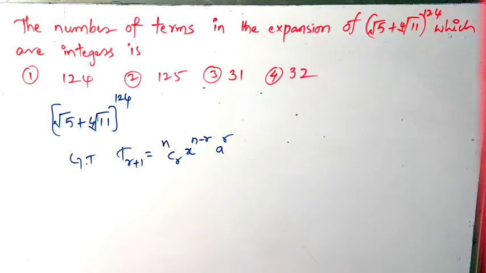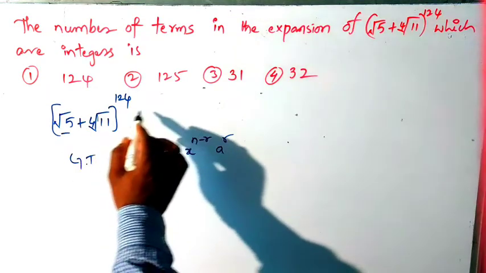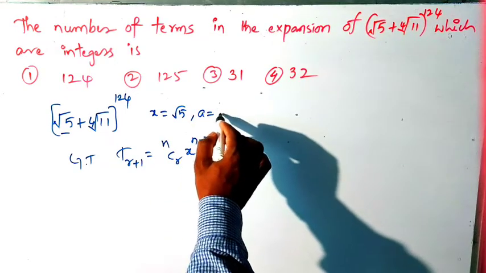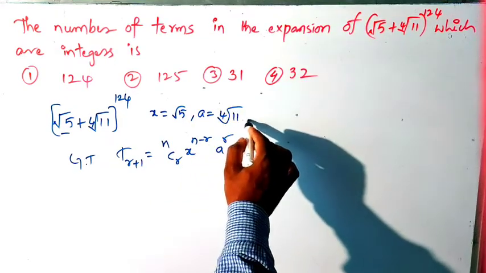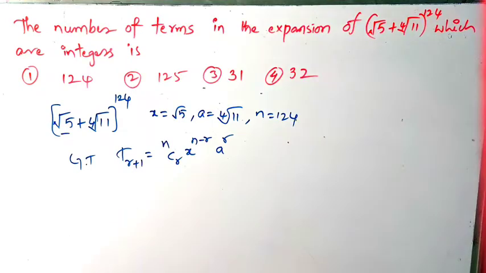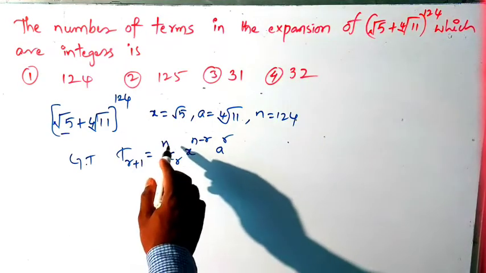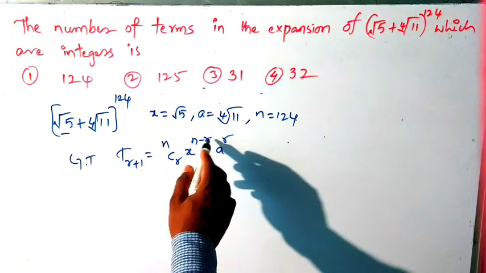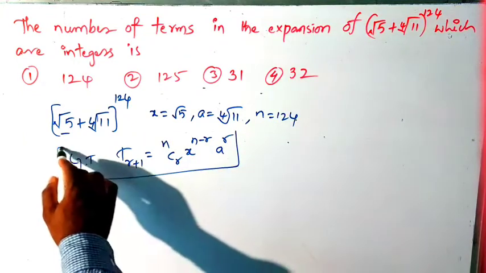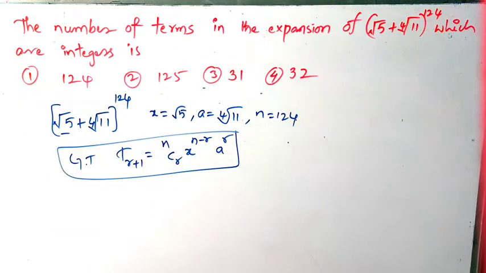So here x equals square root of 5, a equals 4th root of 11, and n equals 124.